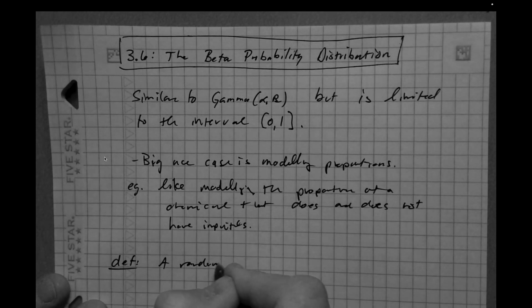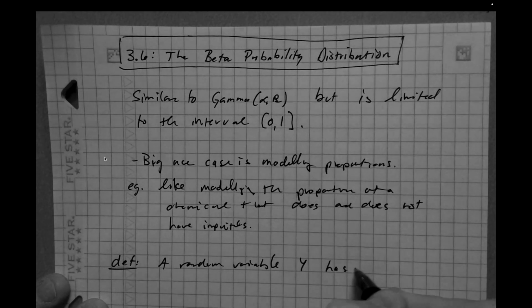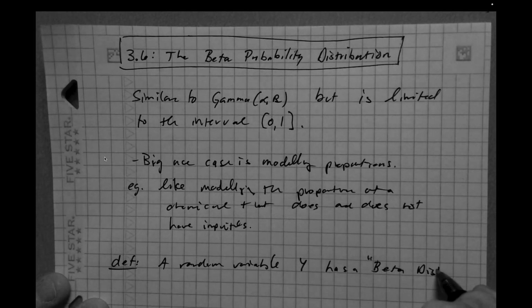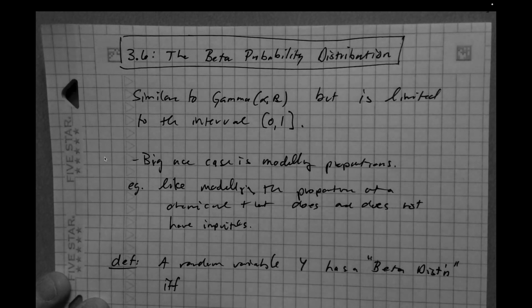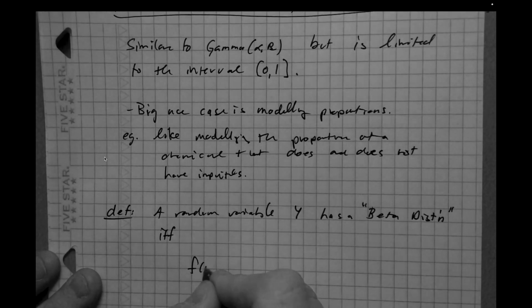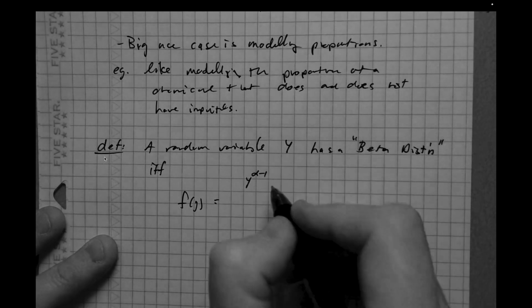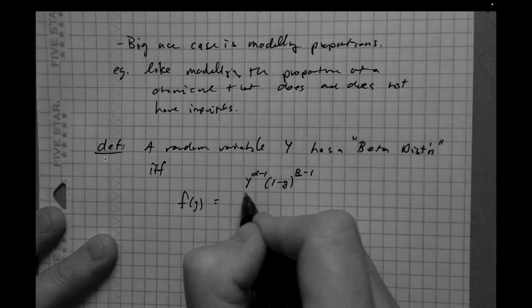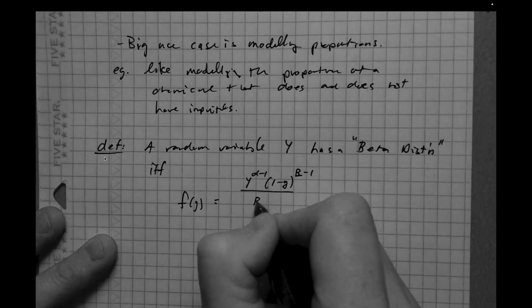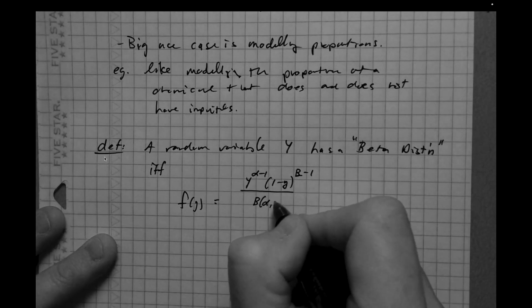A random variable y has a beta distribution if and only if the density function is equal to y to the alpha minus 1 times 1 minus y to the beta minus 1, divided by the beta function evaluated at alpha, beta.